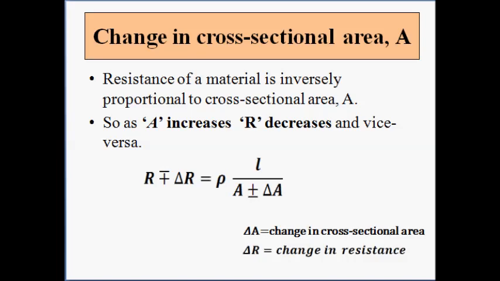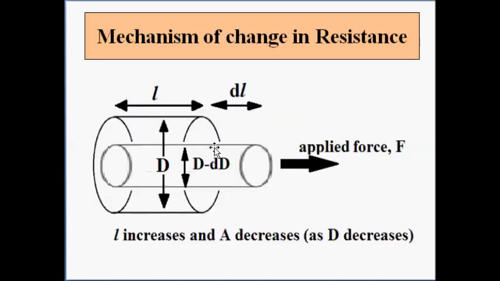Let us try to understand it. Suppose there is a material, a large cylinder, with initial length L and diameter D. Suppose it is subjected to an expansion force and is stretched because of this applied force.